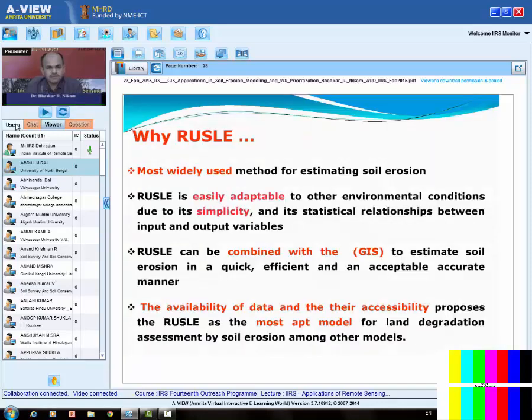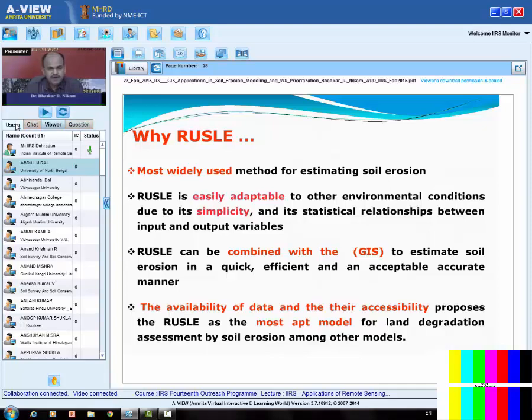I'll first discuss why this, alternately called RUSLE or revised universal soil loss equation, is used. This method is used worldwide. It is mostly accepted because it is not data intensive. It requires a very small amount of data which is easily available, and because it is very simple in nature, you can combine this model with a GIS platform.